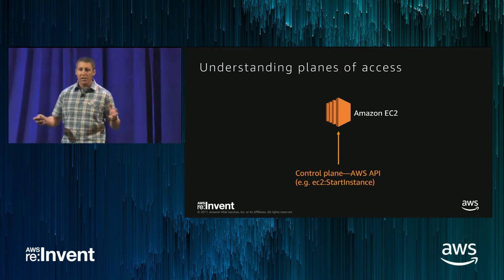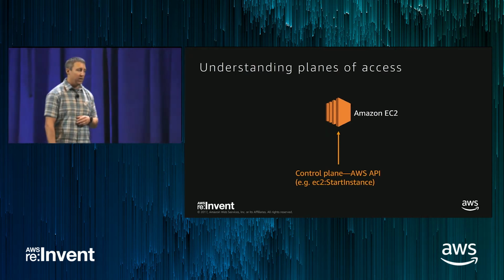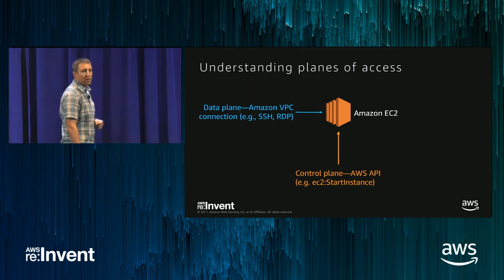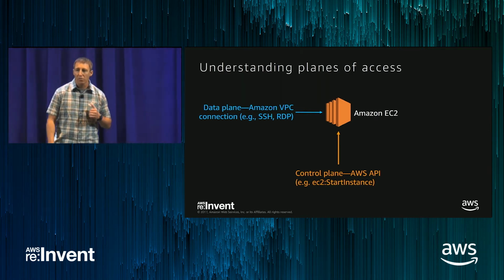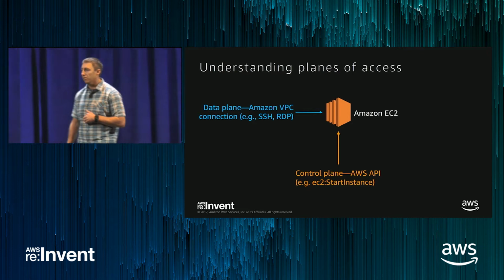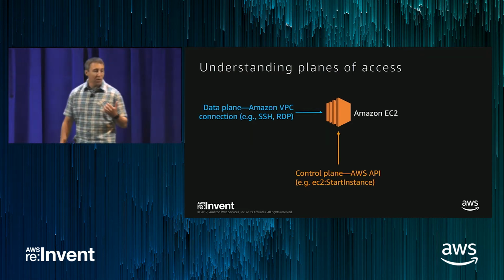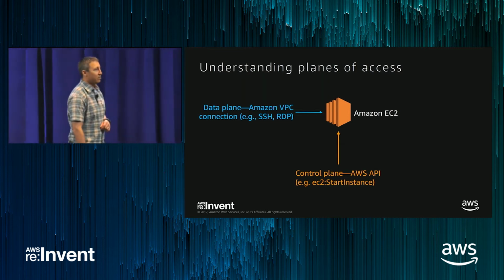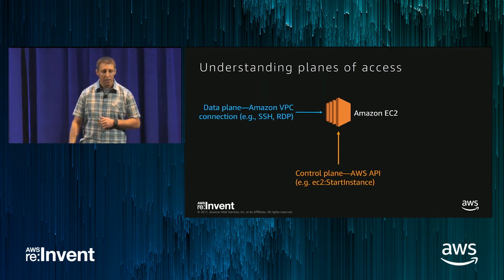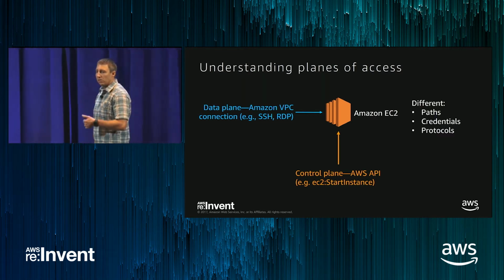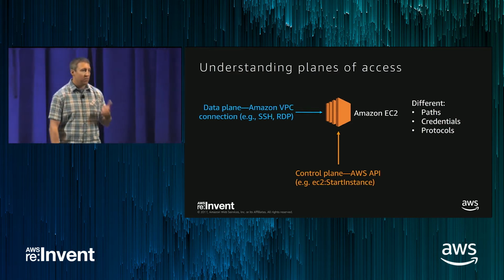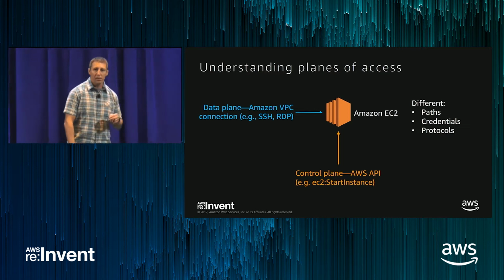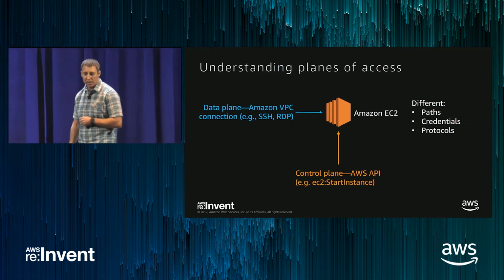You're going to do the control operations around that service. That is wholly different from the data plane, a connection that's going to come in through the VPC layer of your environment, where you might make an actual connection to that running operating system using SSH or RDP, depending on the OS. And that's important because those two different planes of access have different paths, they have different credentials, and they have different protocols, right? And so keep that in your mind as we go through the talk today.